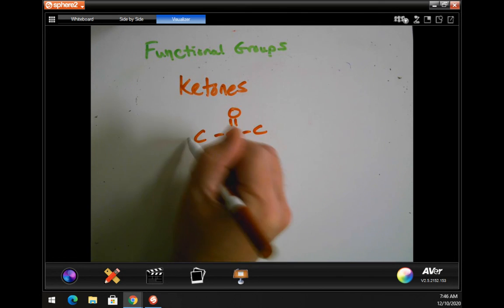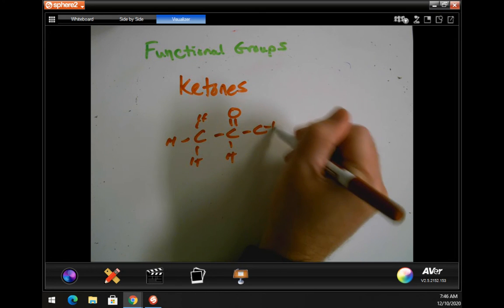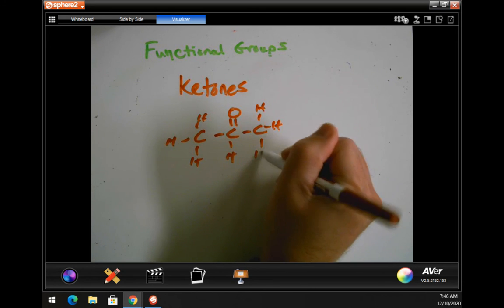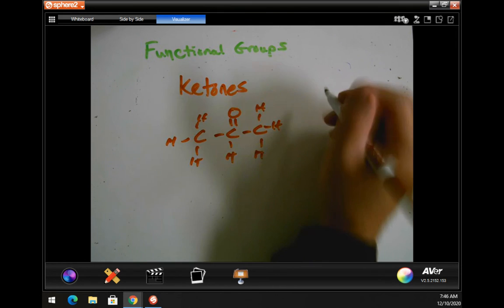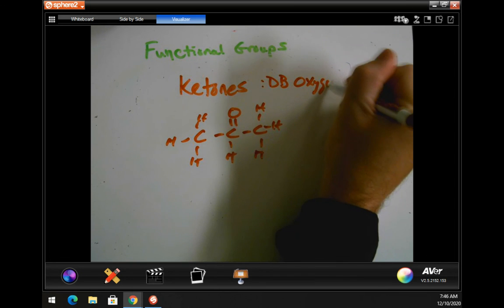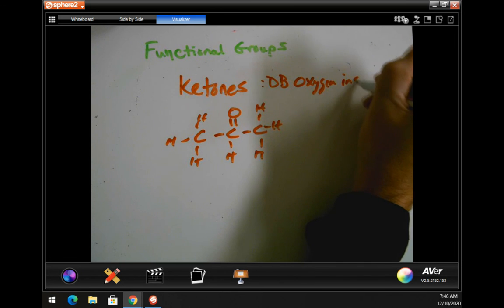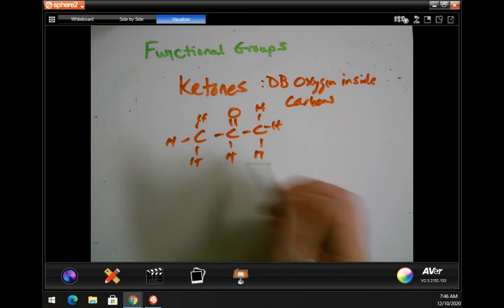And you'd have your H's around like that. So the double bonded oxygen is in the middle somewhere. So double bonded oxygen inside carbons. Okay, so if you had 10 carbons, as long as it's on 2 through 9, it's a ketone.